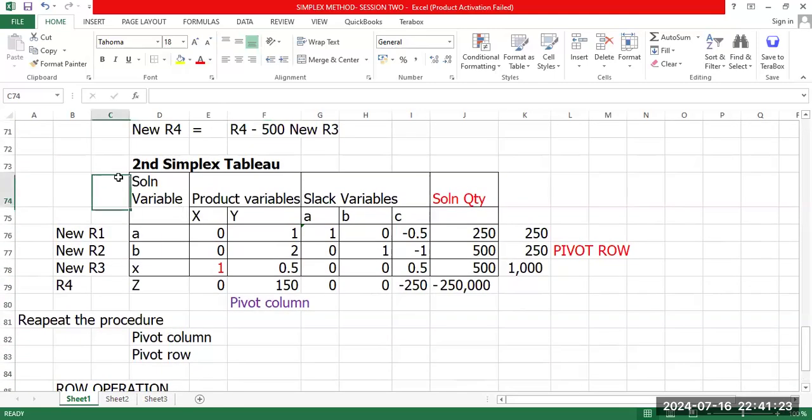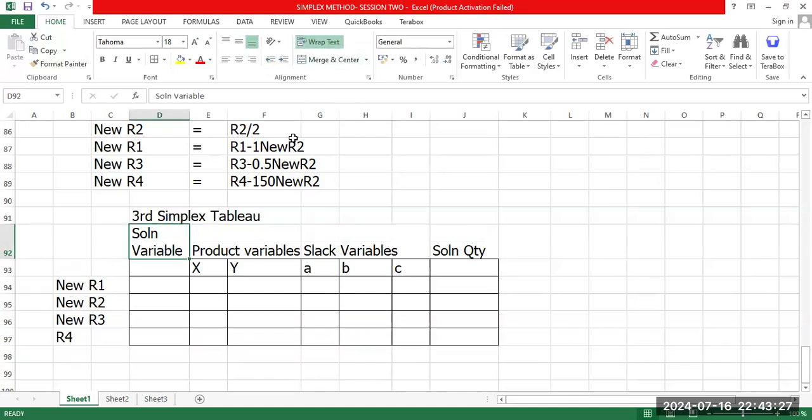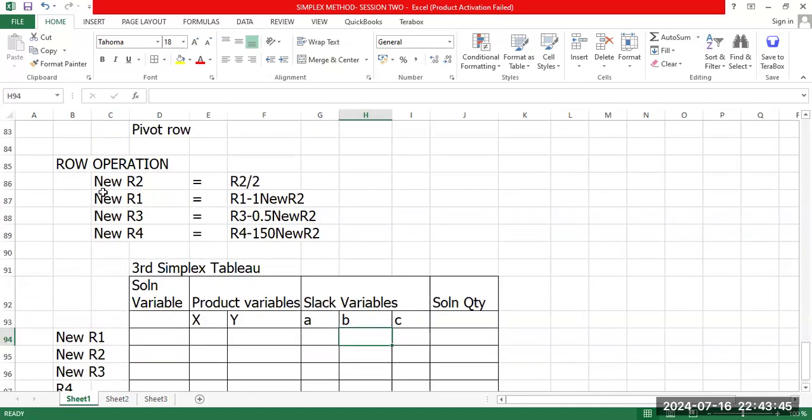You can copy the table again. This is X. This is Y. This is A. This is B. This is C. You tell me the values, and we always first handle the pivot row, which is new row 2.